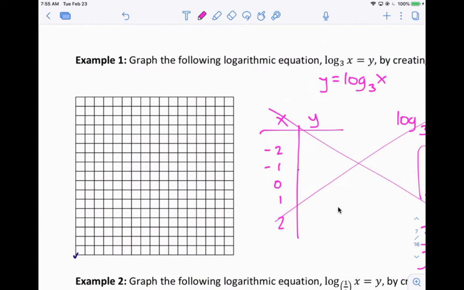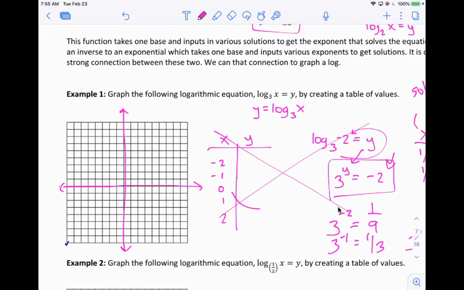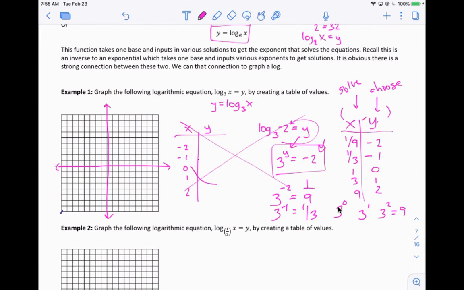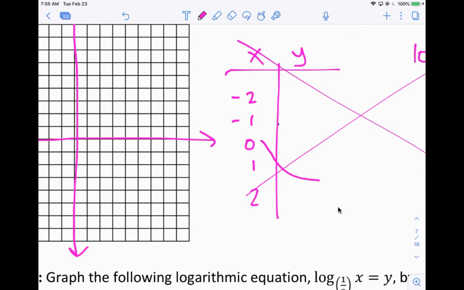So let's go over to the graph now, and actually draw an x-axis and down the middle. All right, what's unique about this is I'm looking at my table now. I'm not seeing any negative x values. Fascinating. But let's plot what we do have.